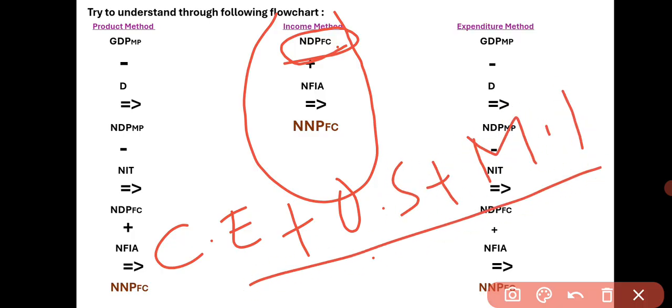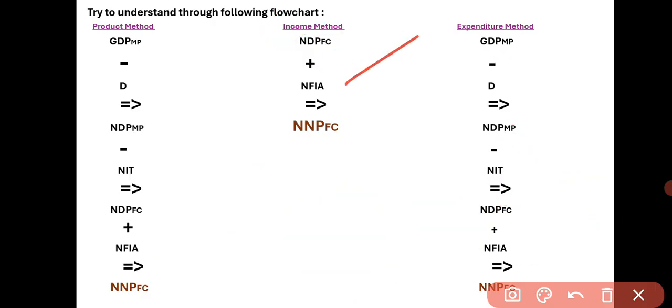Right? Add all this. Get that is equal to NDPFC. And add NFIA to NDPFC, get NNPFC, and this is the national income, right?